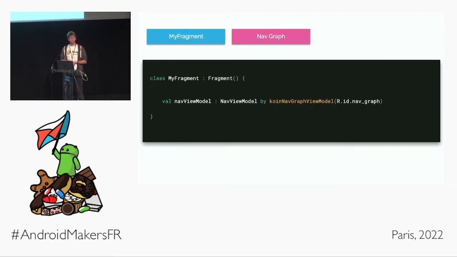The only thing for you to note is that you just need to use koinNavGraphViewModel that will help to register everything, and then you pass the ID of the nav graph, and it will hold your view model at the navigation graph storage. If you don't do that, you may recreate the view model and then dive into problems with that. And here's the solution for you if you want to tie your view model with your navigation graph.